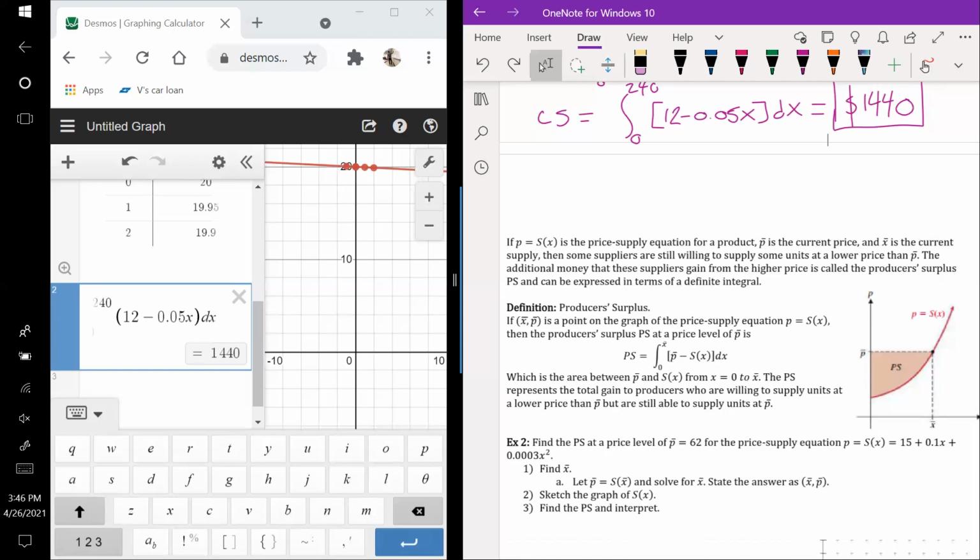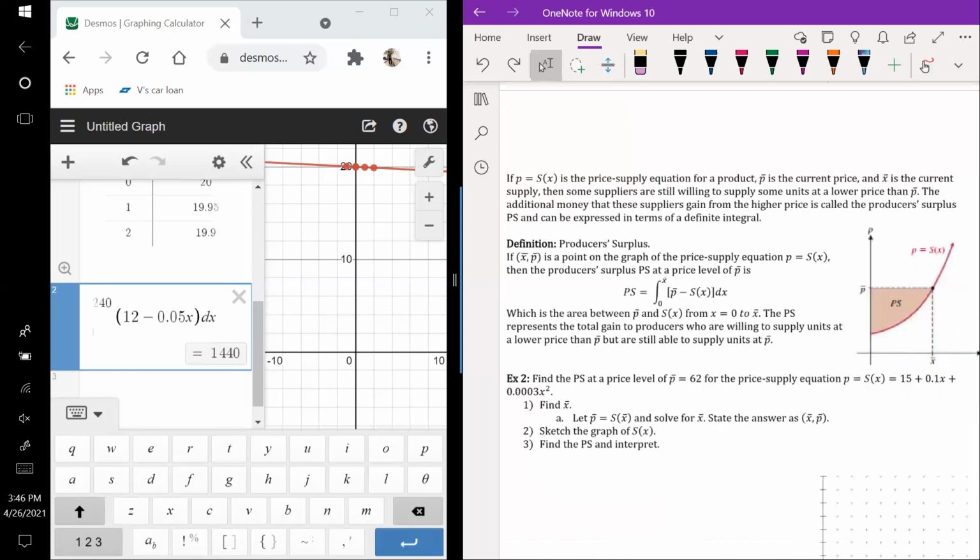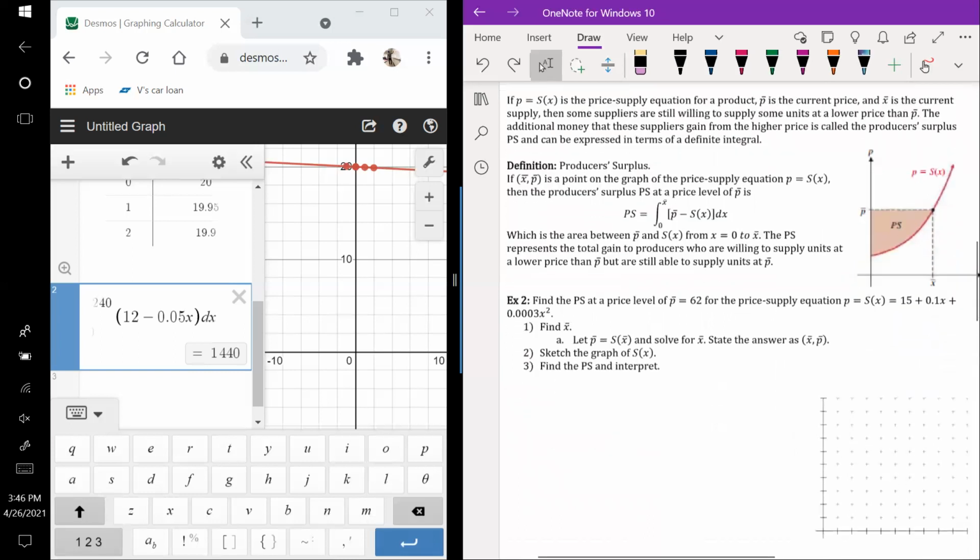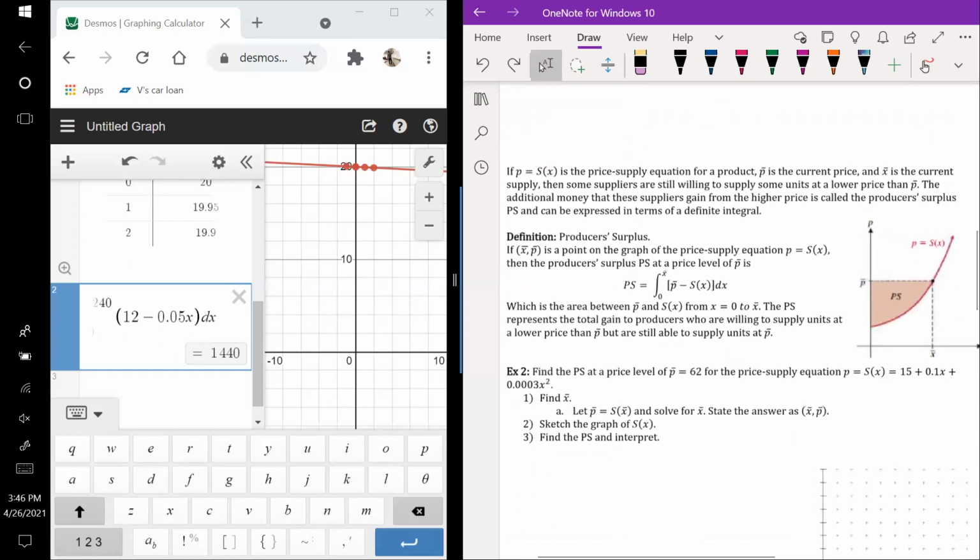But no matter what, they're still going to make money on it because they have their item at a store for a higher price, which is going to make them money, and then they have an item at another store at a lower price. So that's producer surplus. It kind of makes sense if you compare it to shopping markets: this is more expensive here and it's cheaper over there. But either way, the producer's still going to make money.